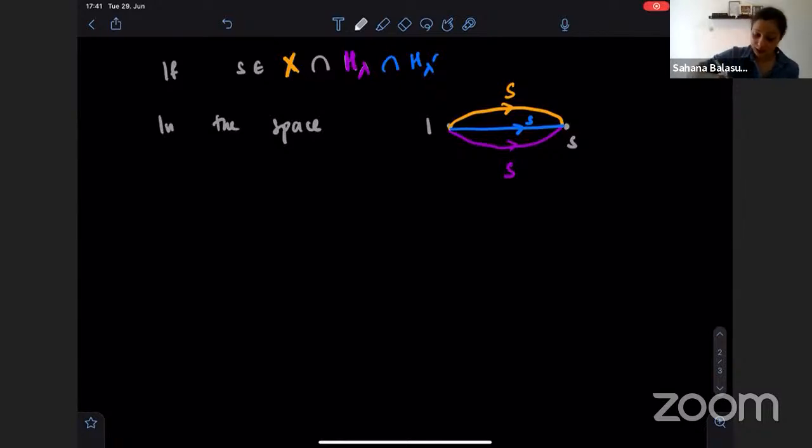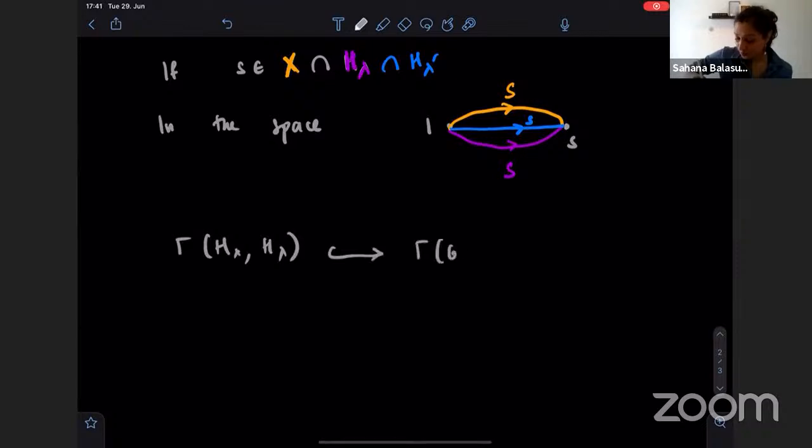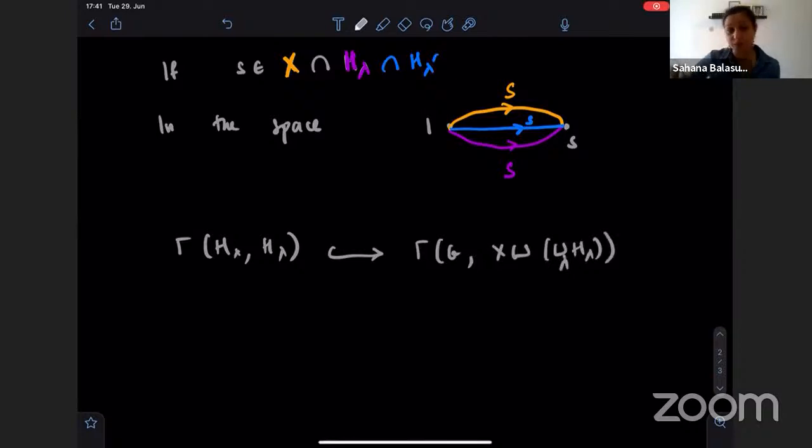But in this setting, what I have is this complete subgraph, which embeds into my bigger space. And how do I think of this embedding?